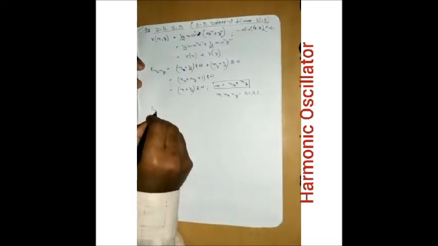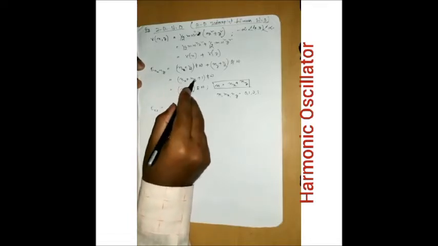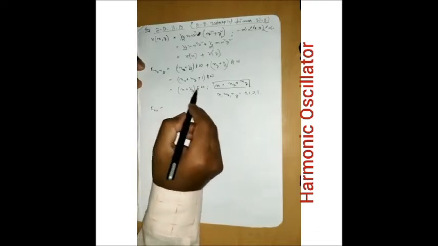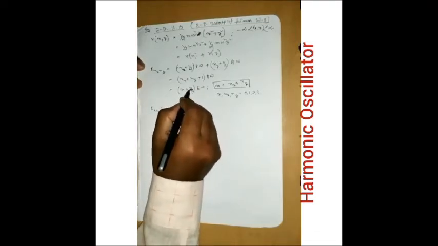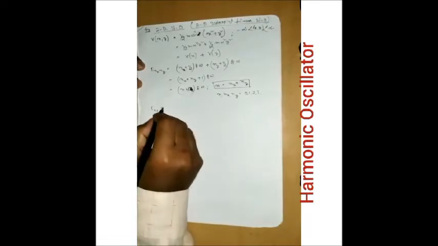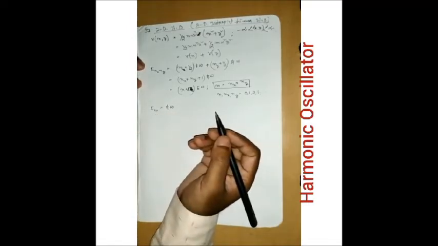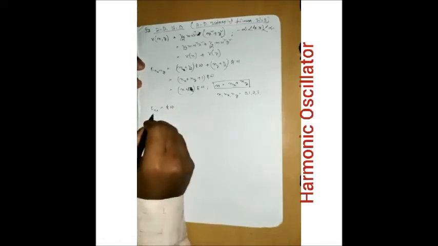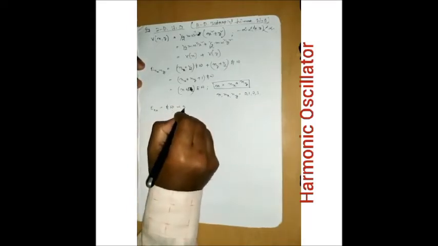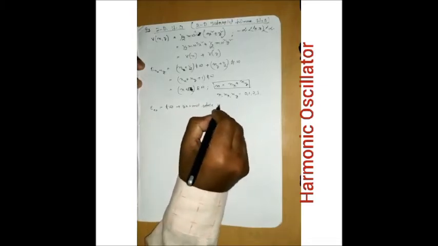So E00, if I put nx and ny equal to 0, will be, with n equal to 0, this will be 1, so you will get h cut omega, only h cut omega. Clear? So this is called the ground state energy.